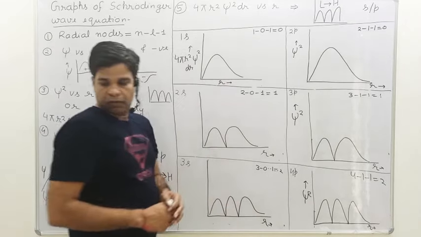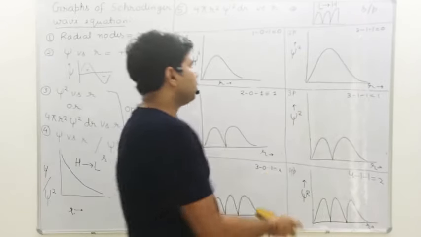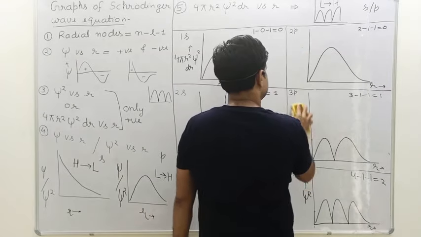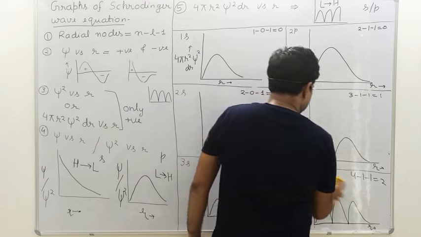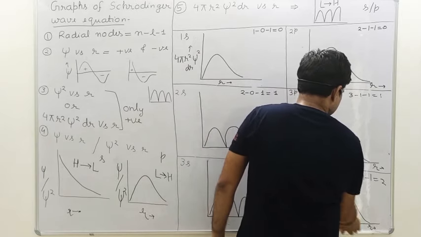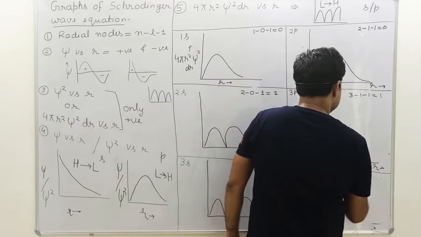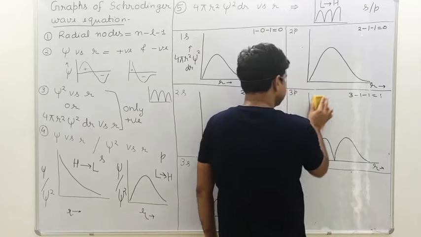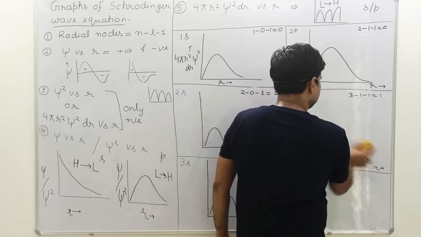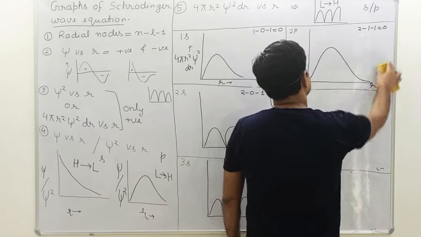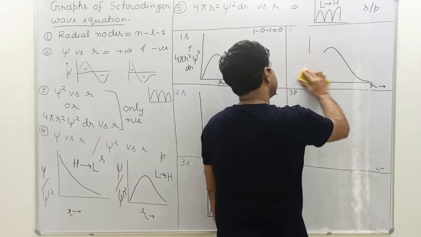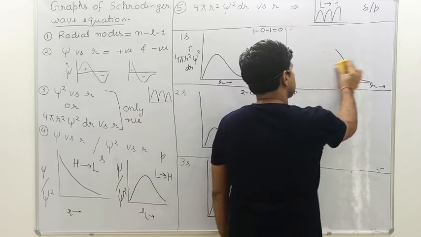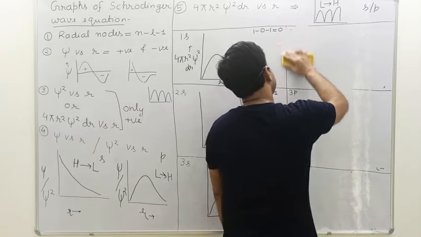Now if we have the graph of p family, then you see the student, the graph of the 2p and 1s, these are similar. The graph of 2p and 1s, they are actually similar, because either you have s orbital or you have p orbital.